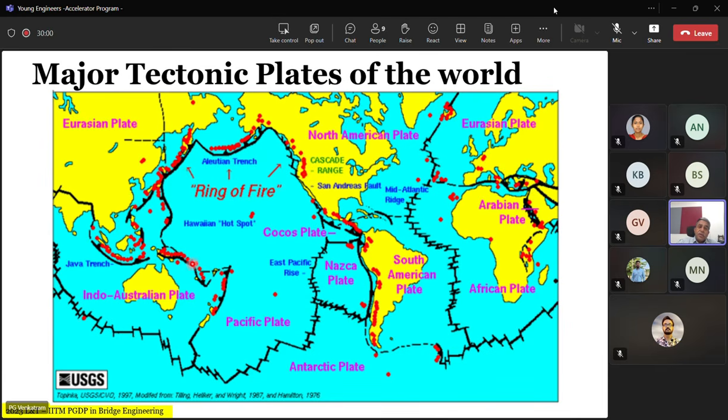That is why you will notice that Japan has a large amount of seismic activity, and Taiwan has a significant amount of activity, very close to this plate. Then you have California, which has a very large amount of active faults. And if you notice, New Zealand, compared to Australia, has a very large amount of seismic activity.